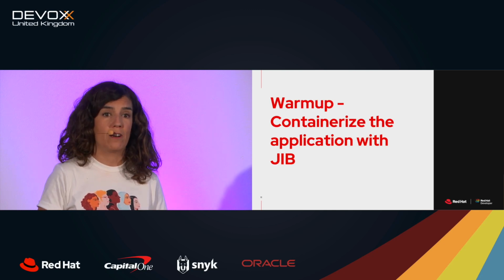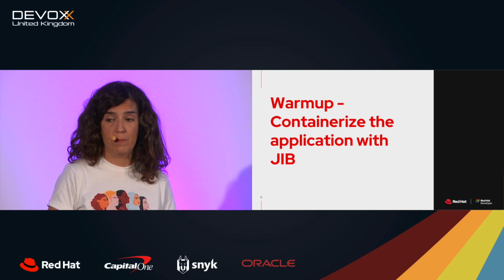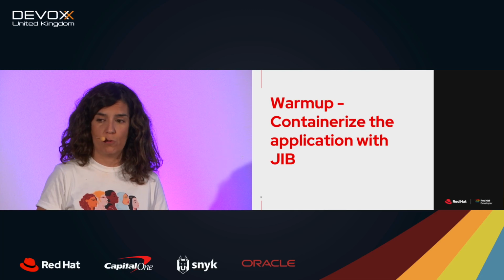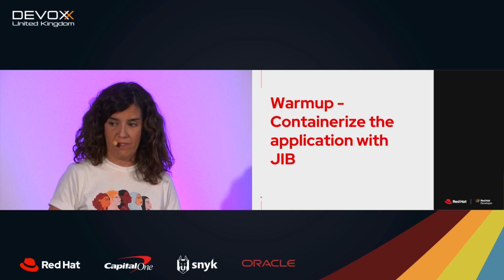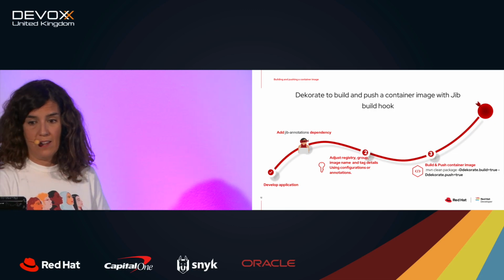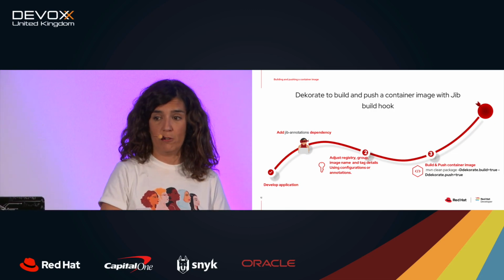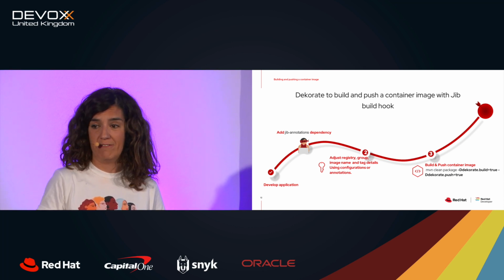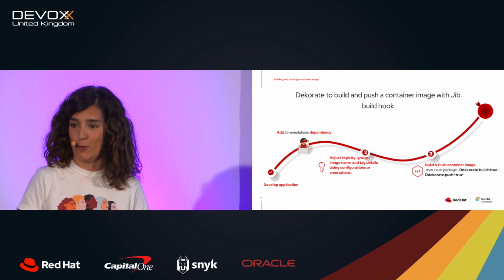In this demo, we are going to use Jib because it allows us to completely avoid having to write a Dockerfile. So the container image is already built, because it takes a few moments and we don't have enough time for all the things we would like to show you.